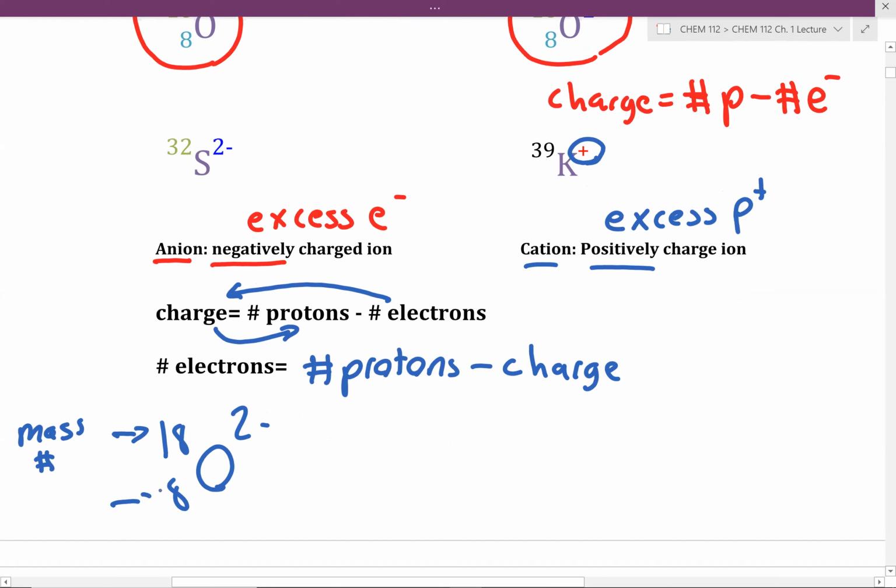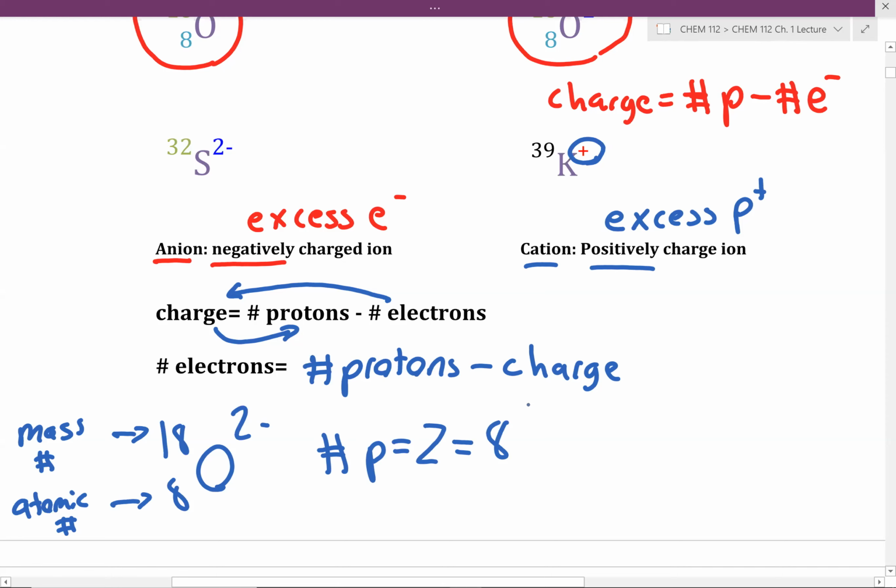And this number down here is going to be our atomic number. Okay, so with that information in mind, how many protons does oxygen have? 8. Yep. So our number of protons is equal to our atomic number, and it's 8.